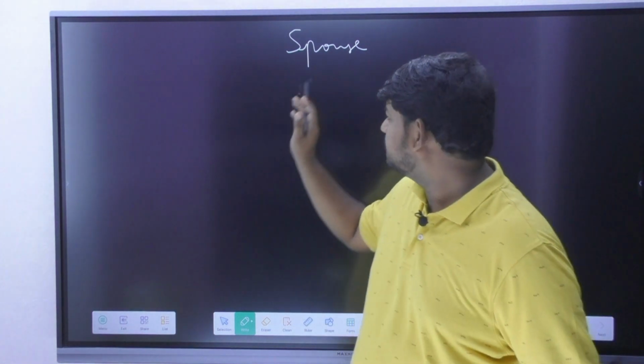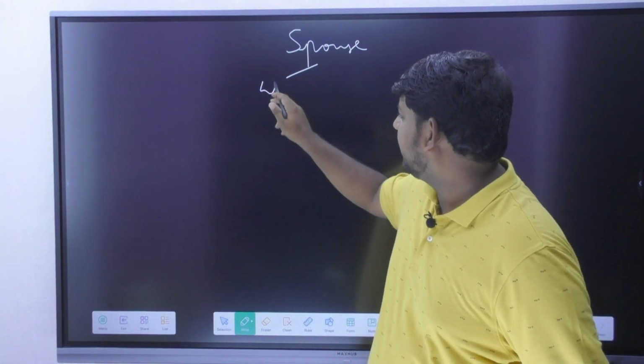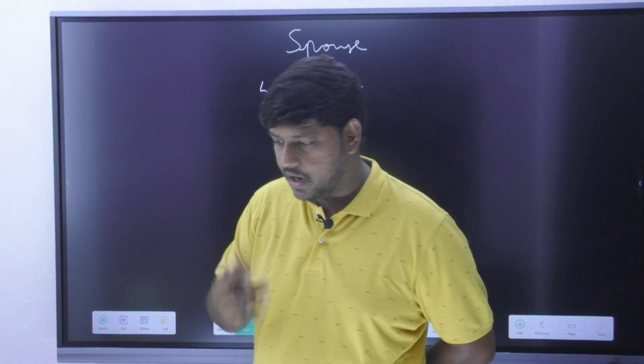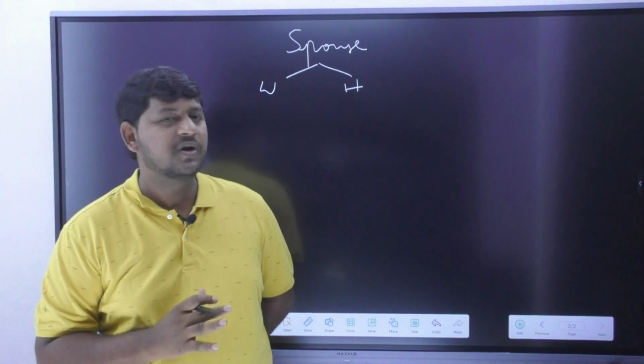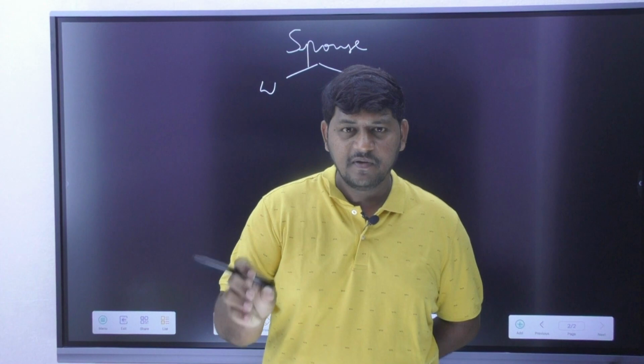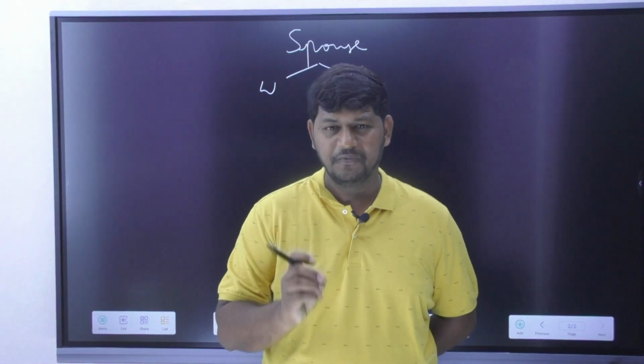Now, your spouse could be either wife or husband. But when your examiner uses the keyword spouse, how do you understand whether the person is wife or husband in the question? Very simple.